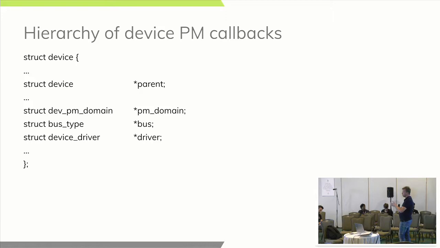And on each of these levels, you can have these dev_pm_ops callbacks assigned, which means that a struct device can share the PM domain. It can have the same PM domain as another struct device, which means that it will share these dev_pm_ops callbacks, which in the end means that they can be power managed together.